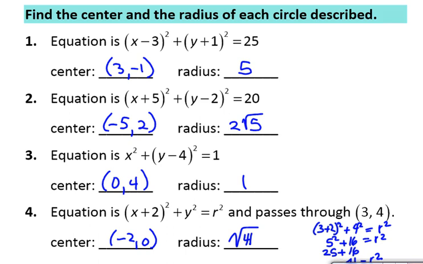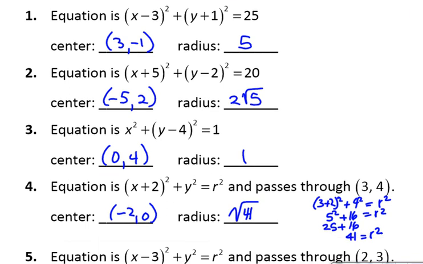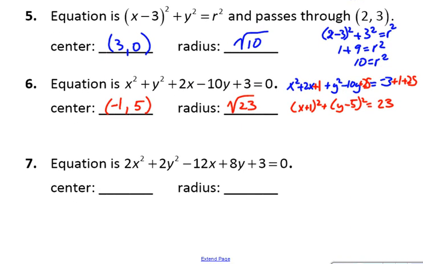So take a few minutes and look at those answers on there. Compare yours. I'm going to move down, and we're going to take just one more minute to look at number 7. So on number 7, you notice that you have a 2x squared in there. So you have the 2x squared minus 12x, then the plus 2y squared plus 8y, and then it's going to be equal to negative 3.